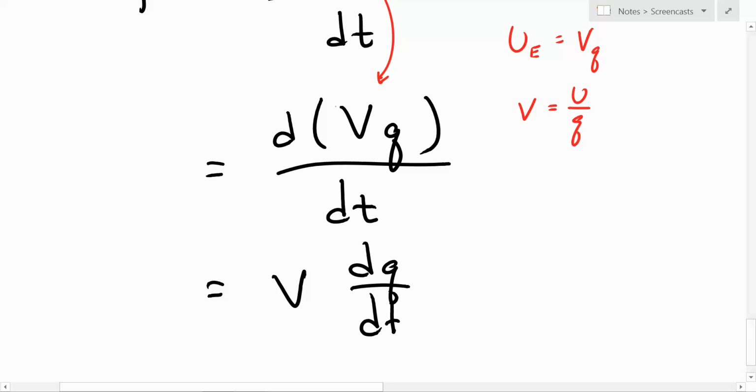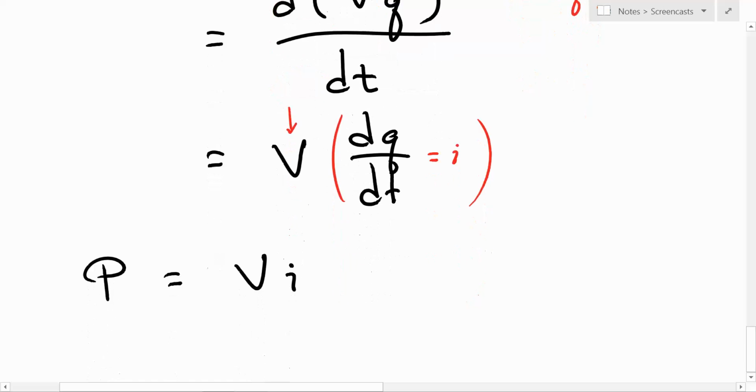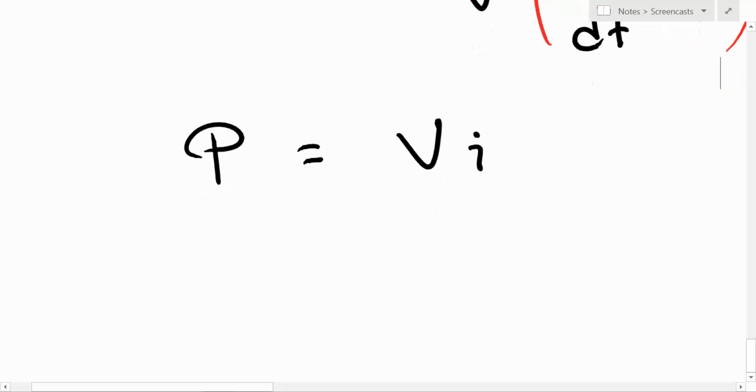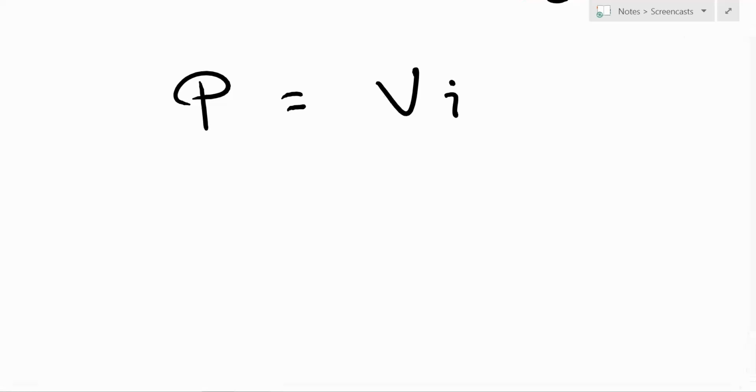So it can come out of the derivative, and that's what we see down here. And so we're left with dQ/dt, which we remember is our current. So here's our expression for the power delivered by any element in a circuit. It is the voltage across the element times the current in that element.